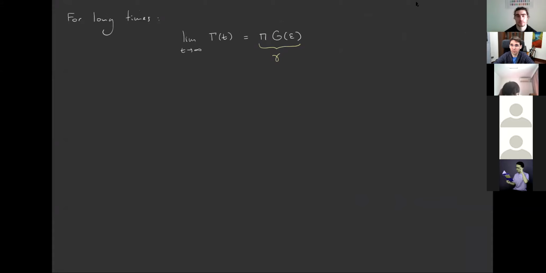So this is already very interesting. It appears automatically in the infinite time limit. But now we get an imaginary part, and this imaginary part is very interesting.